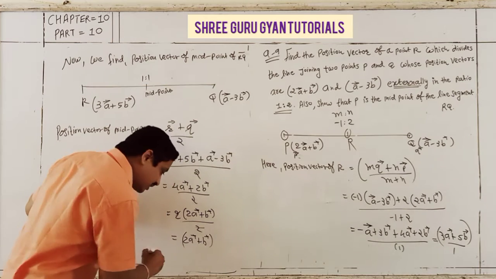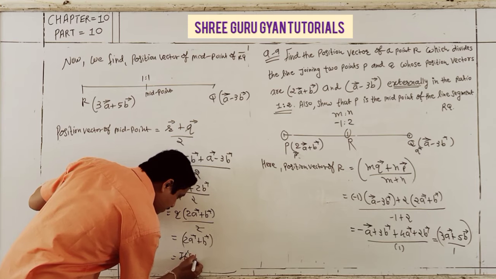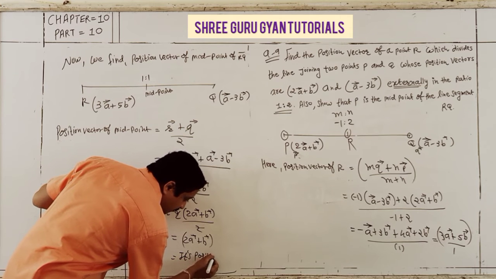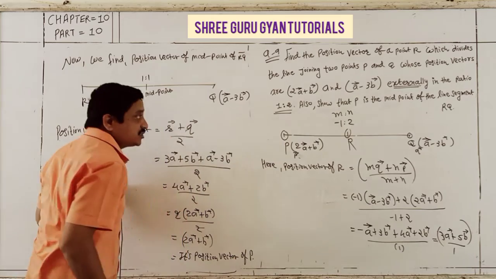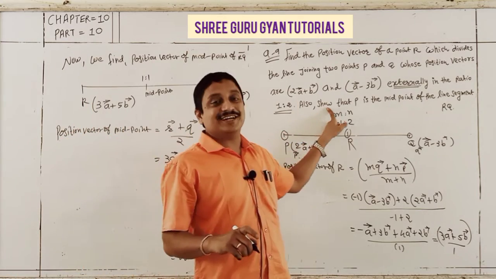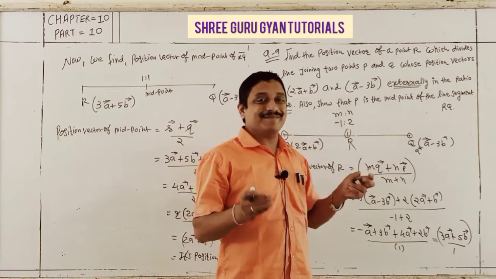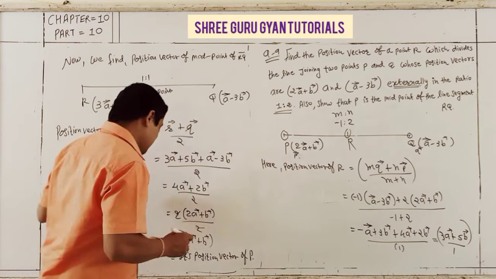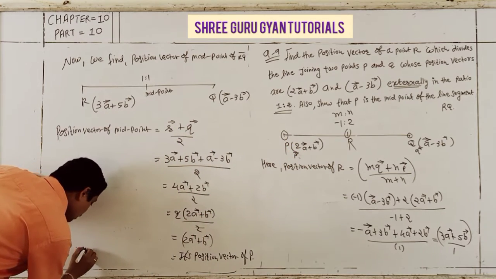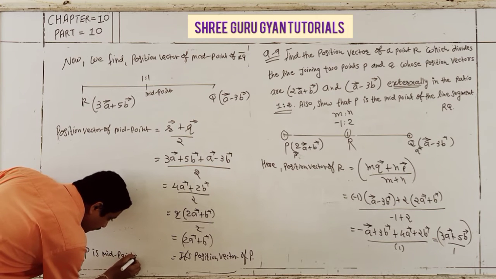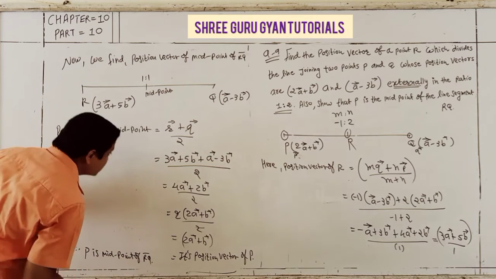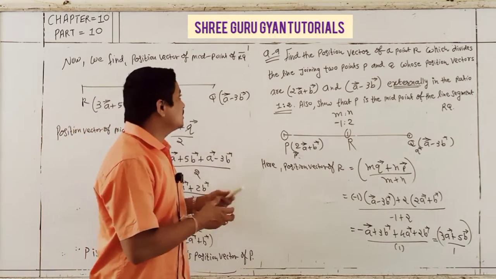Students, I will mention it is the position vector of P. It means our proof is confirmed and done. Yes, P is the midpoint of RQ. So that's why I wrote it last: P is the midpoint of RQ, and the solution is done very easily here.